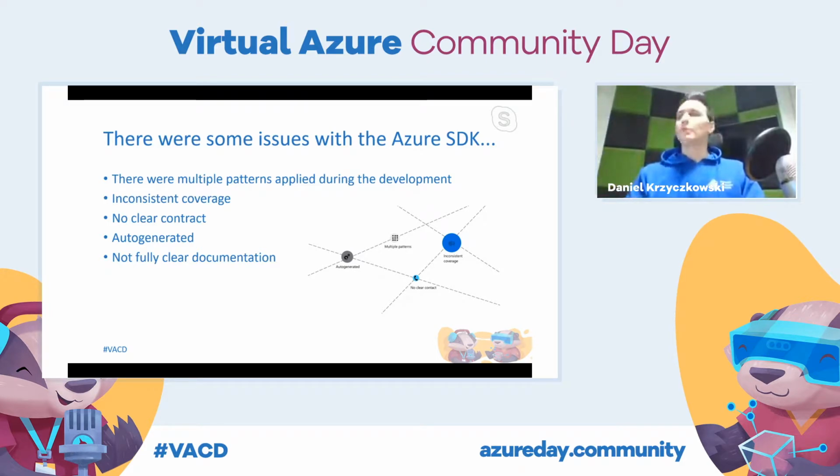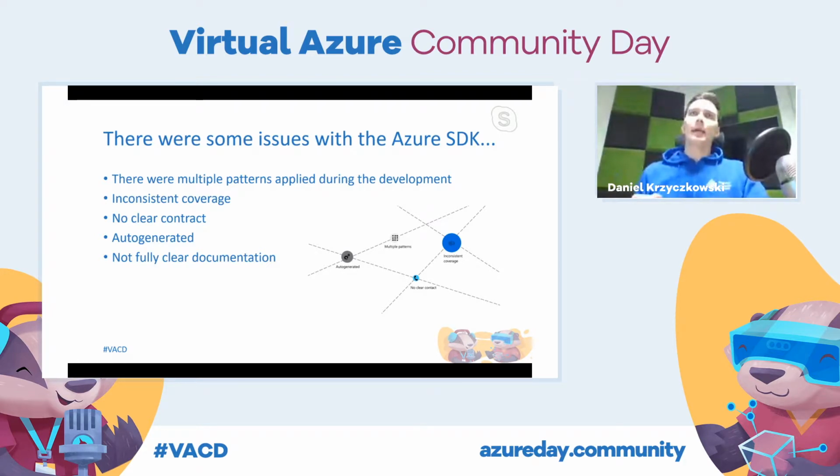The first issue was related with patterns applied during development and inconsistent coverage. When we look at the old Azure SDK, we see some inconsistency. If I look at the Java version and the .NET version, there are some differences.